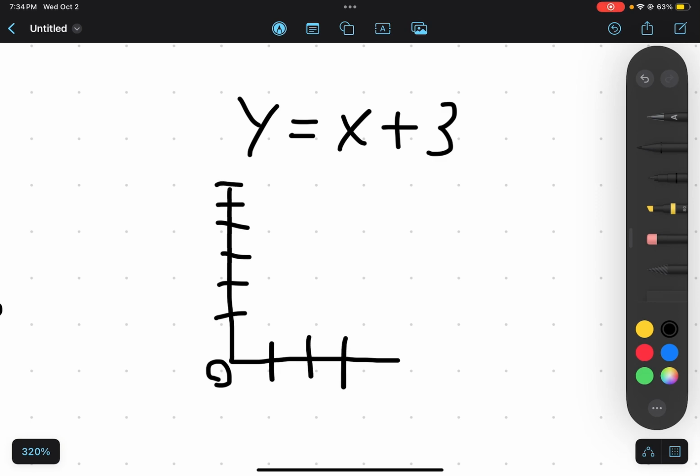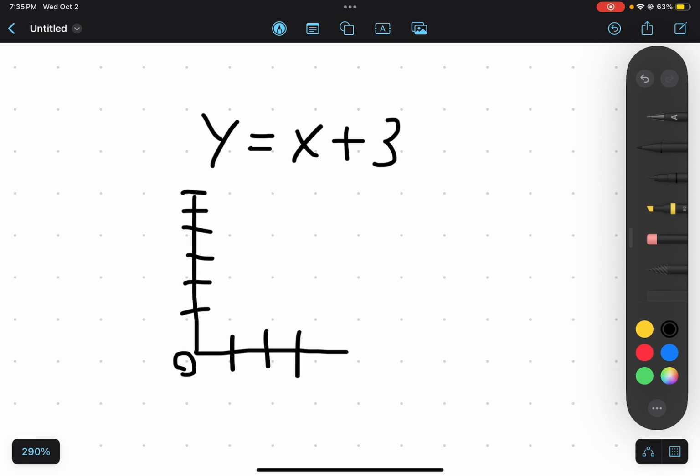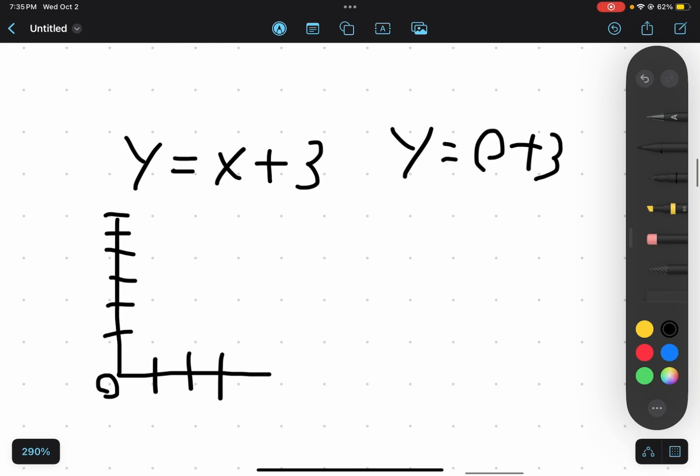Okay, so normally when it's y equals x graph, you would get the initial value of 0, 0. But from here, when you plug in 0 as x, y equals 0 plus 3, then y would equal 3. So the plot points would be 0, 3.